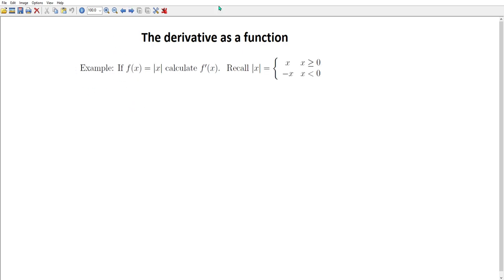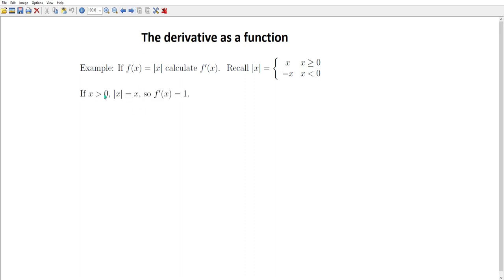Not all functions are as well behaved as the ones we've just looked at. So for example, let's look at f of x equals absolute value of x and calculate f prime. So remember that the absolute value of x is x when x is bigger than or equal to 0, and is minus x when x is less than 0.